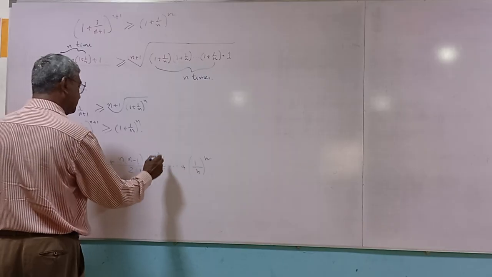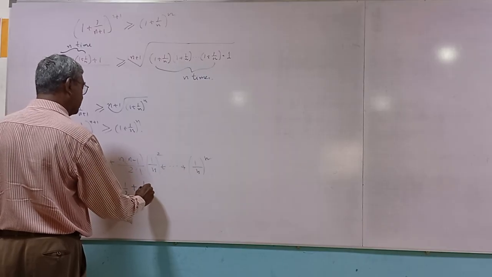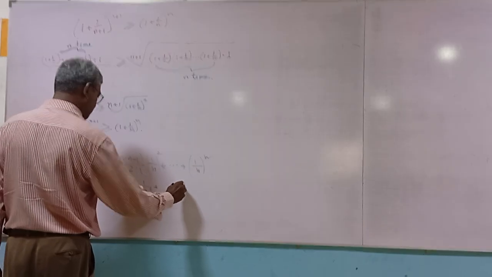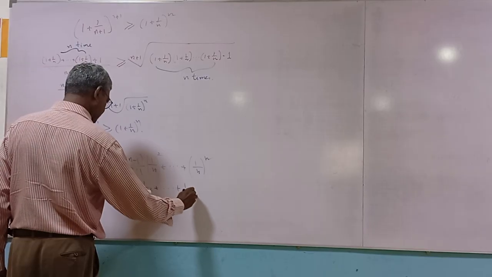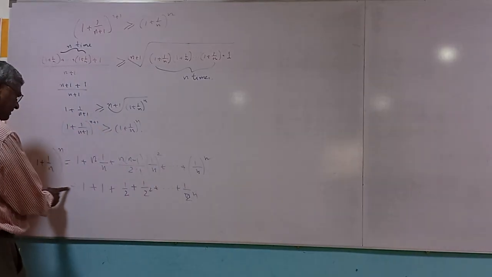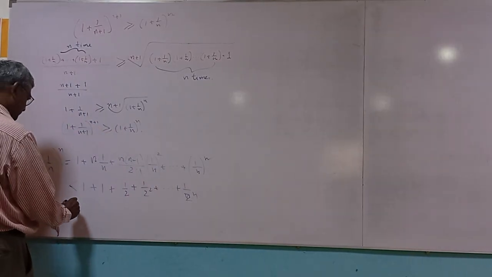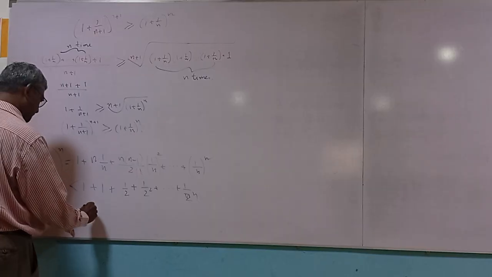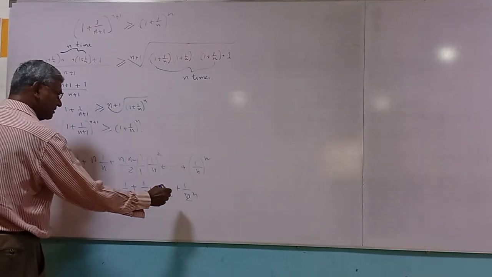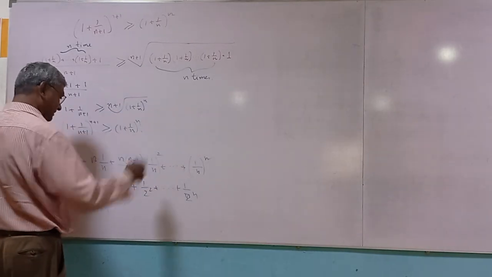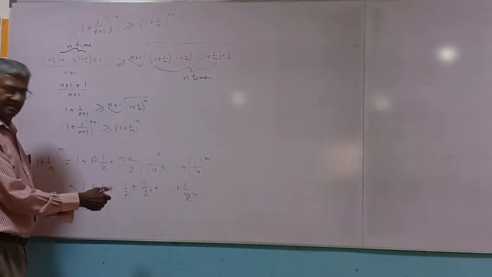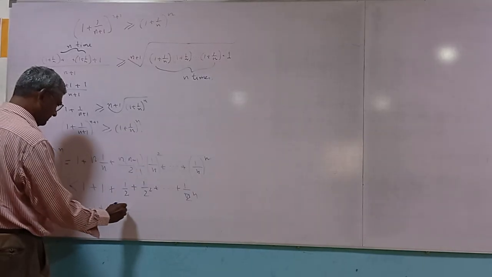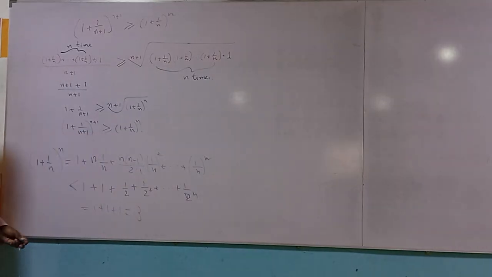Plus, I guess, if you write next one 2 square, and so on 2 to the n. This is then strictly less than 1 plus 1 plus 1. Even if you add all the way, this is a geometric series, you get 1. This is equal to 3. Right?